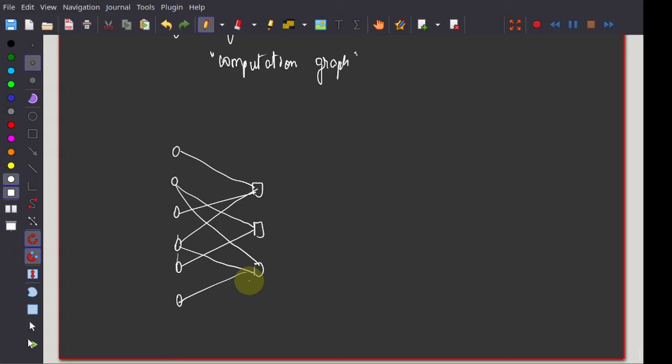Now for this LDPC code, again, this is a local algorithm. Suppose I want to find out the probability that the second bit is in error. So this is 1, 2, 3, x.